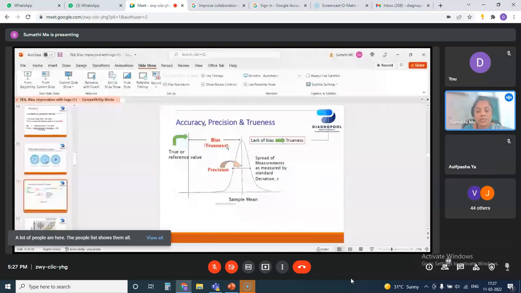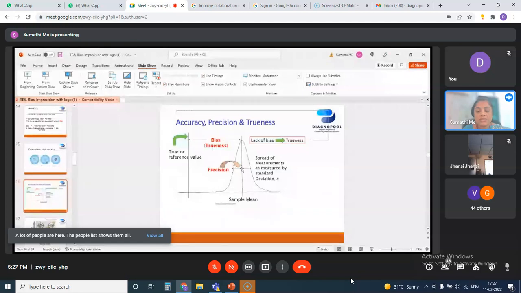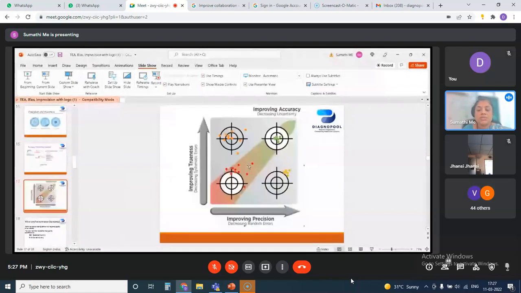The dispersion that takes place around the mean is your precision, which is represented in terms of standard deviation and percentage CV. So lesser your percentage CV, more precise your analytical process. Ideally, any testing process should have both accuracy as well as precision.